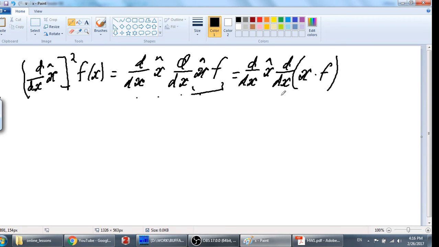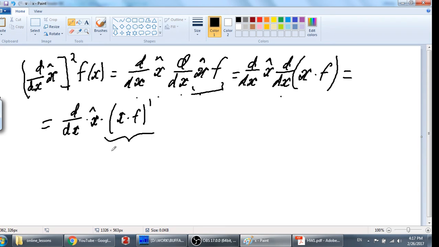Now we think about this operator. It acts on the result of the previous operation. That means this product x times f, not only f, not only x, but the product. So that can also be represented in this way: d over dx of x times f, right?